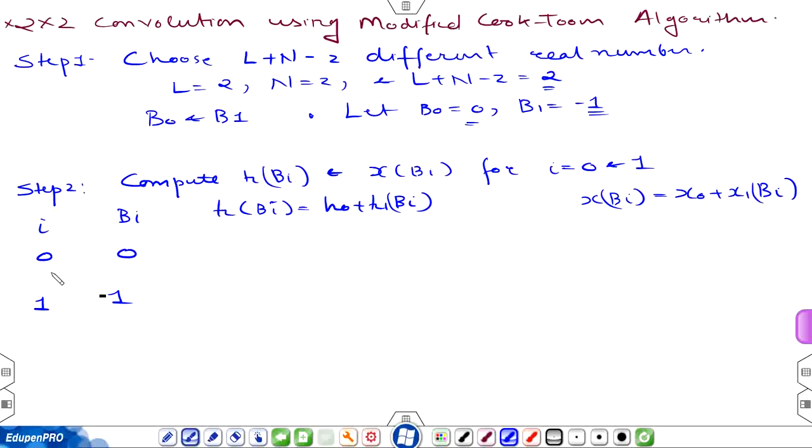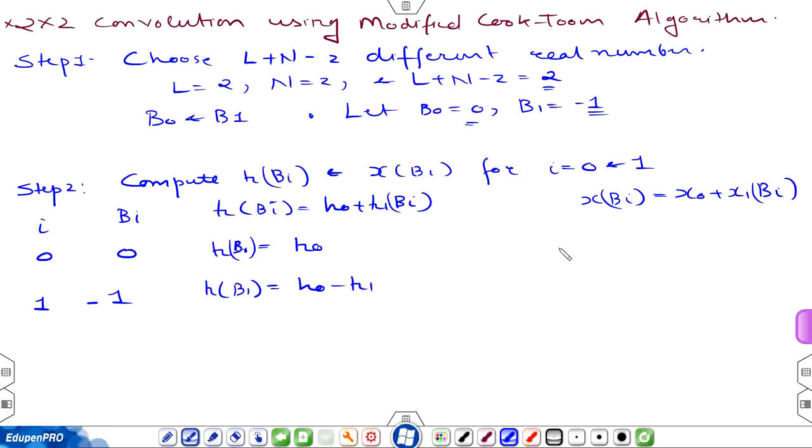Okay, so putting i equal to 0, beta i is equal to 0, so this term will become 0. So h of beta 0 is equal to h0, and h of beta 1, beta 1 is equal to minus 1, so h of beta 1 is h0 minus h1.